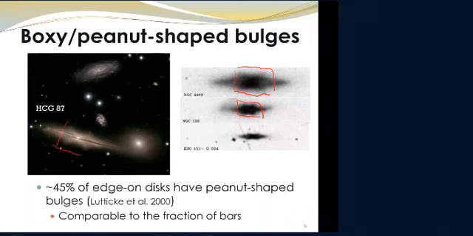This one is also very clear, and you can almost see an X-shaped structure in the middle. This person did the statistics on edge-on disks and concluded that about 45% of the disks have peanut-shaped bulges. Just to remind you, this is quite comparable to the fraction of strong bars, hinting at a possible connection between boxy peanut-shaped bulges and barred galaxies.